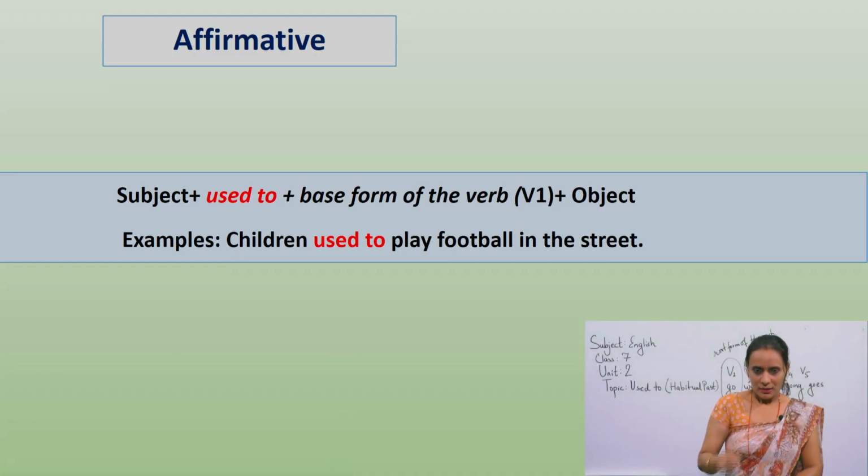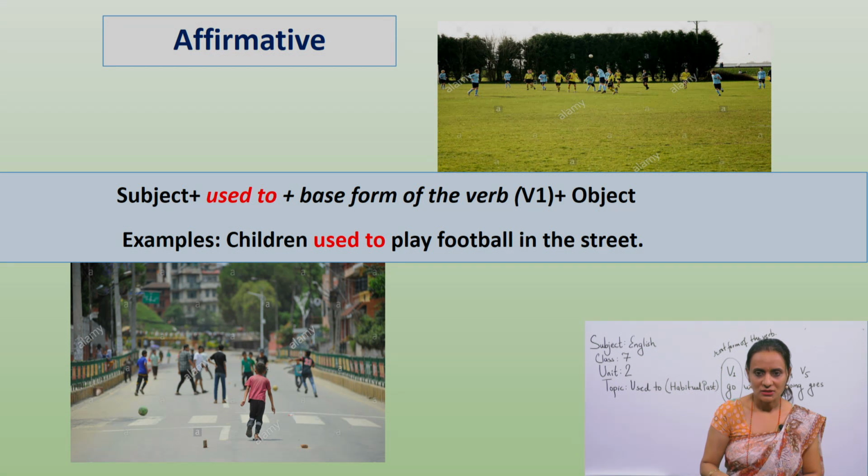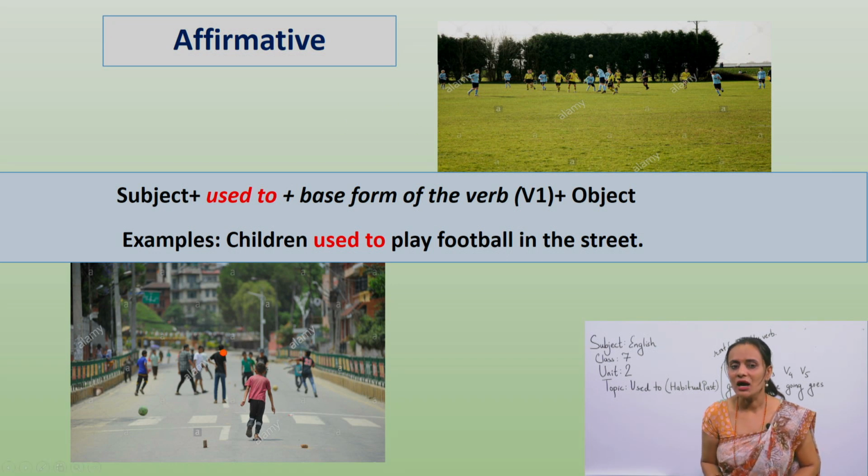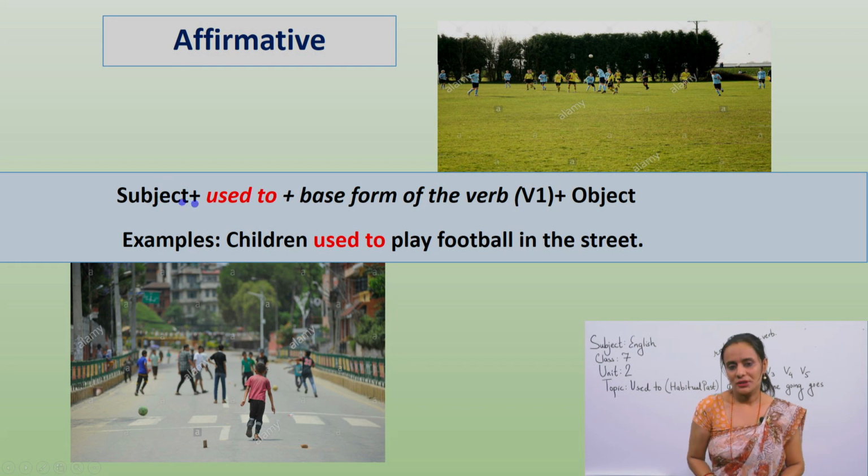We can see the pictures first. Now look, in the first picture, what is there? Children are playing in the street. And in the second picture, you can see the children playing on the ground. Isn't it? Yes. Now look here. Children used to play football in the street is the sentence.